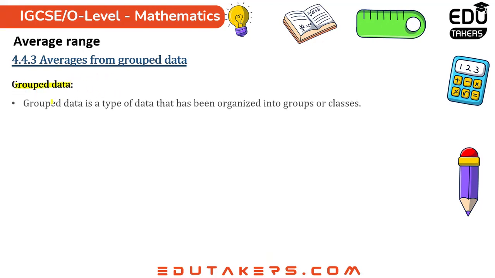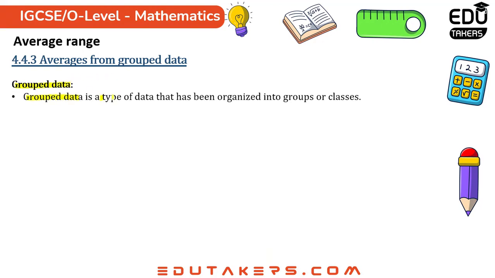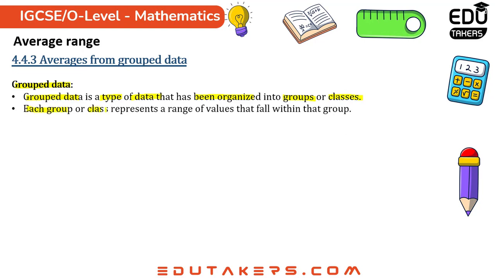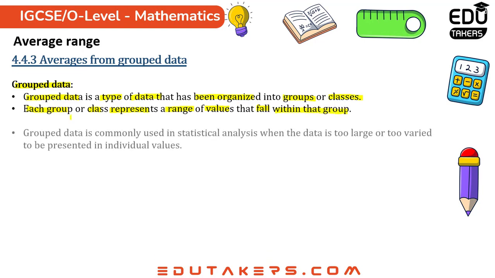Grouped data. Grouped data is a type of data that has been organized into groups or classes. Each group or class represents a range of values that fall within that group.